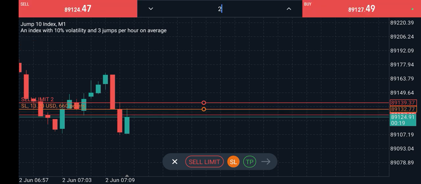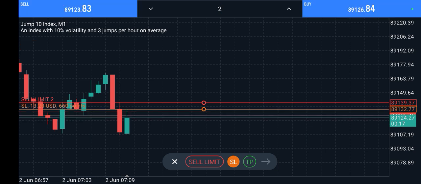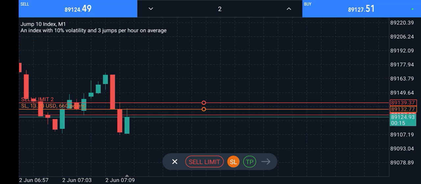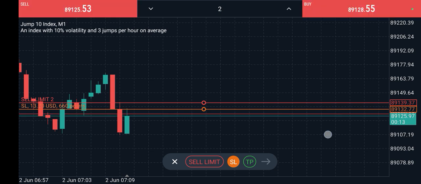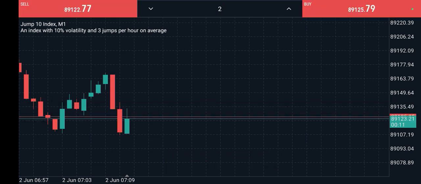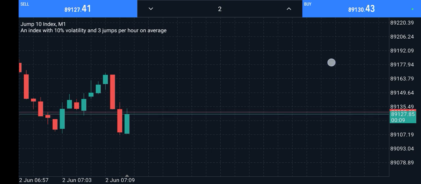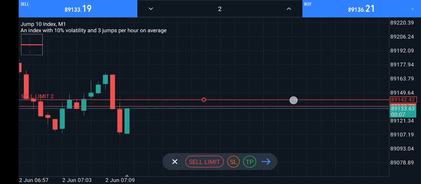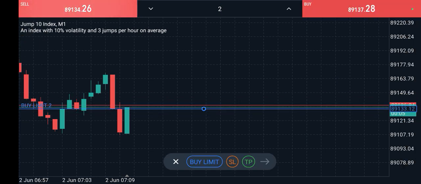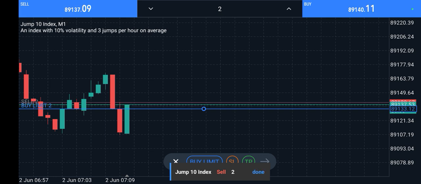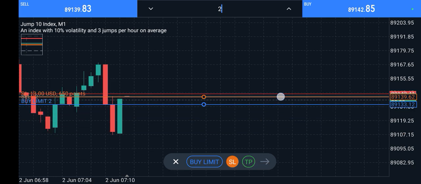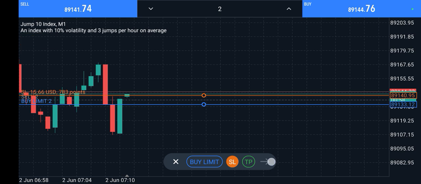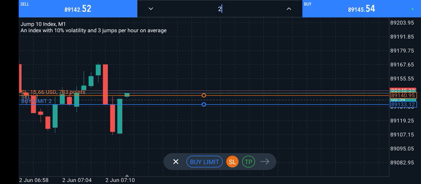Let's say I did not even sell this trade, but let's just hope, okay, this is what I mean. My SL is there. Let's say I'm selling from here and my SL is there like that. You see, it has taken $15 away just like that.